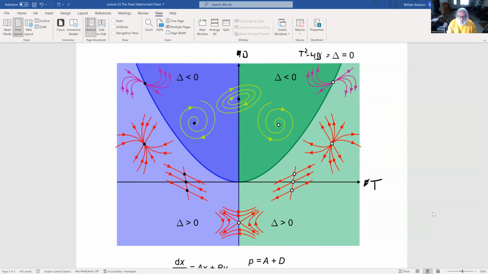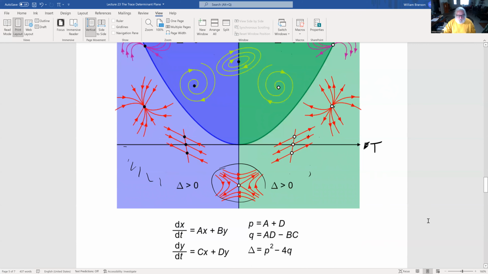That gives you your complex eigenvalues. When delta, t squared minus 4d, is greater than 0 and you've got a negative t, you have various attracting things, and when t is positive, you have various sources. And everything below the t-axis, that's all saddles. And everything on this is a repeated root.